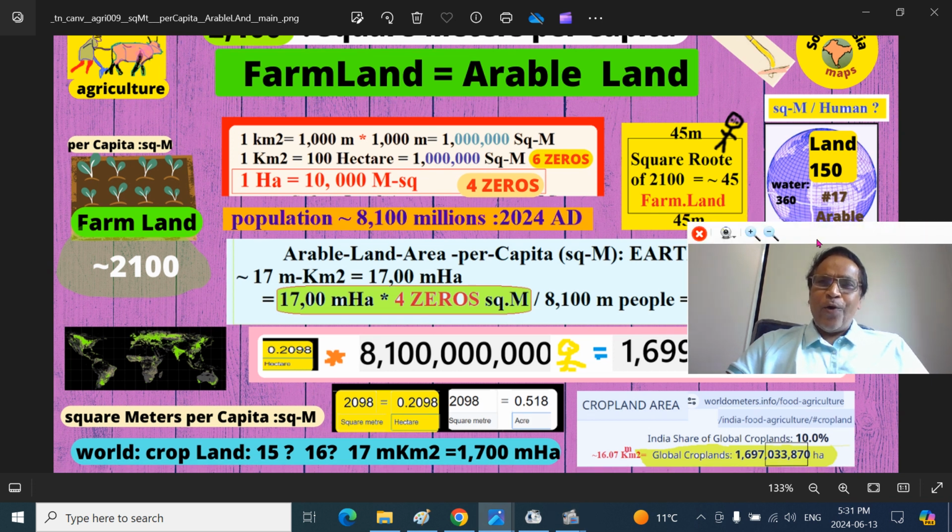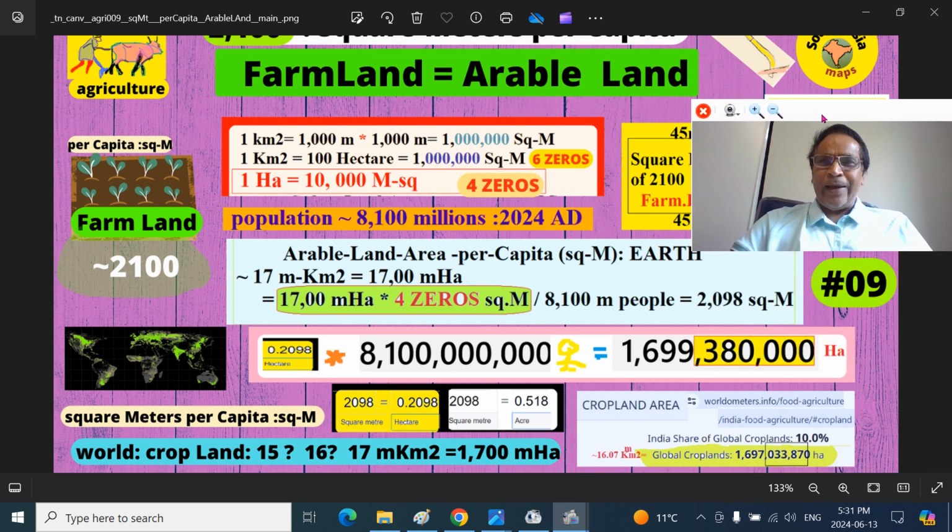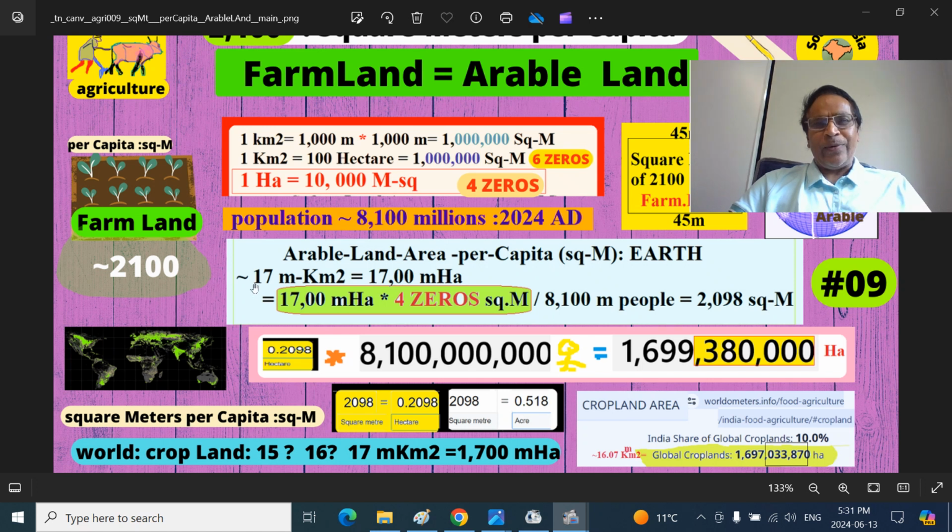How much arable land do we have on planet Earth? We have taken 17. Remember, this is million square kilometers. Because it is 17 million square kilometers, we convert into million hectares. There are 100 hectares in 1 square kilometer, so add 2 zeros. 17 here, 1700 here.